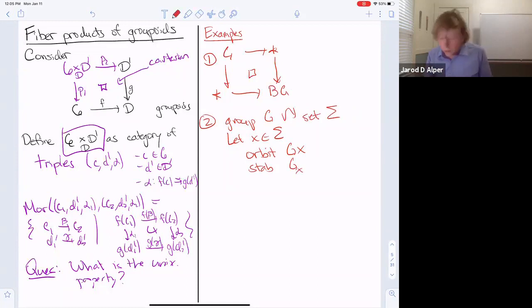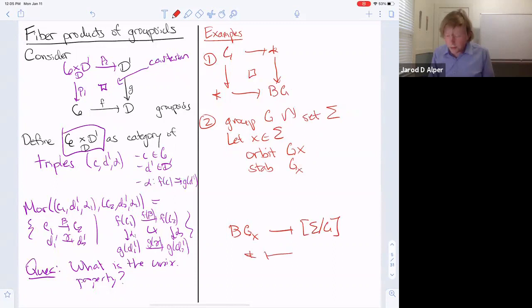And there's a morphism from the classifying stack of the stabilizer into sigma mod G, where this just sends the unique point to x, and morphisms to morphisms. And if I take the projection from sigma to here, what is the fiber product? Maybe as an exercise, I would encourage you to check that it's actually the orbit.